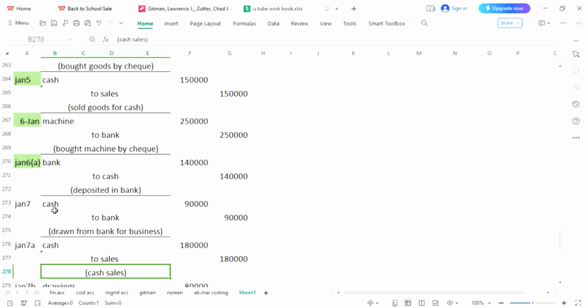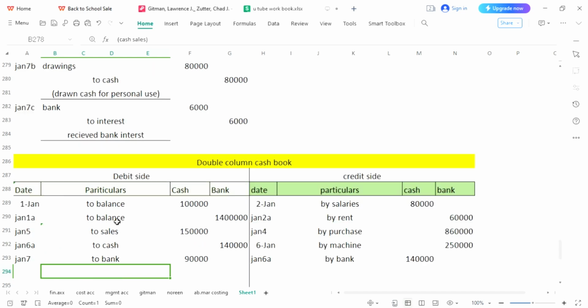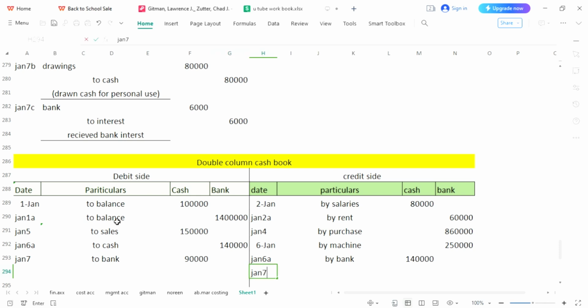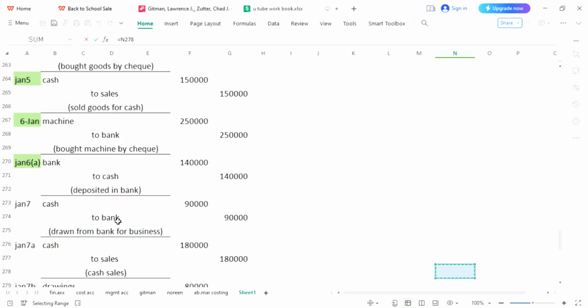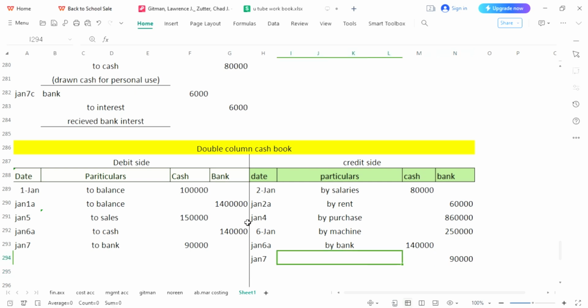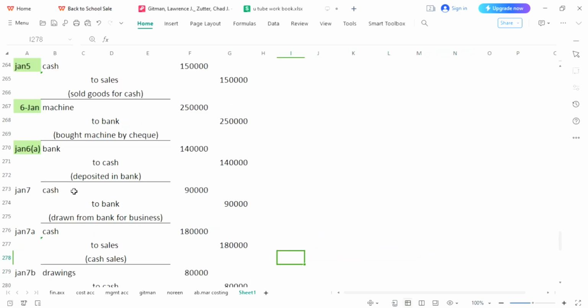We have debited cash and now we will see bank. Bank is written on credit side, January 7. So here you will mention date January 7 and bank is present on credit side with 90,000. Put it at reference. What is written on the opposite side?